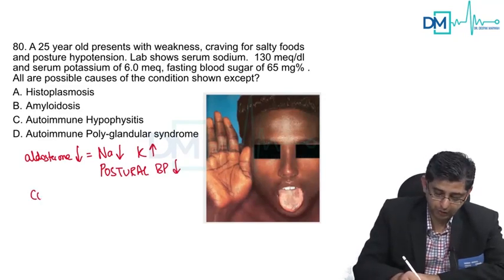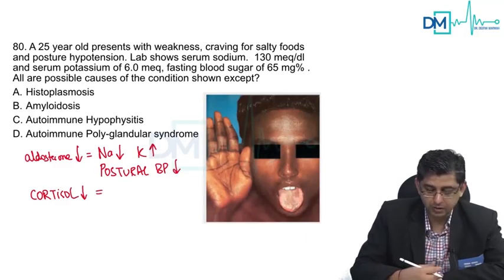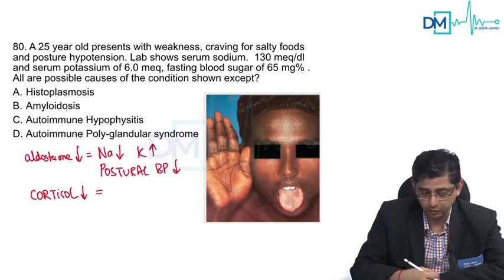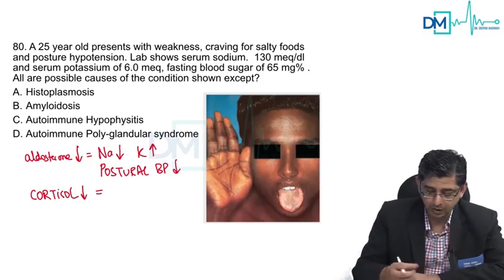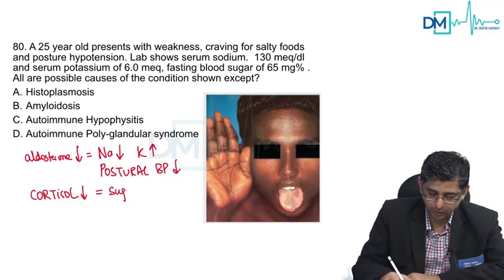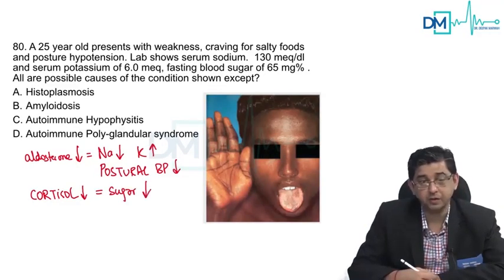The sugar is less in the body of this patient, because of cortisol deficiency. If cortisol is less in the body of this patient, there would be a development of hypoglycemia.